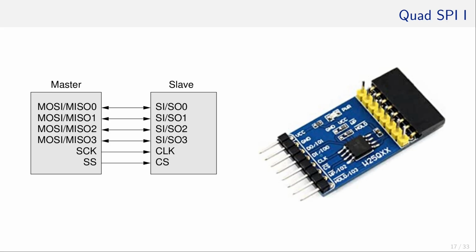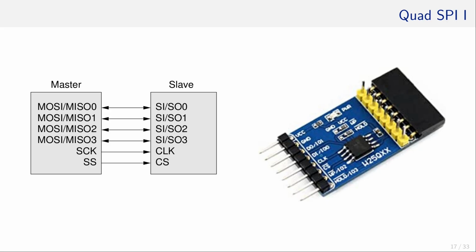And there is something called quad SPI, often abbreviated as QSPI, which also stands for queued SPI. Quad SPI has more data lines to transmit multiple bits per clock as shown here. Often, SPI flash memories like the W25Q shown here have a quad SPI.